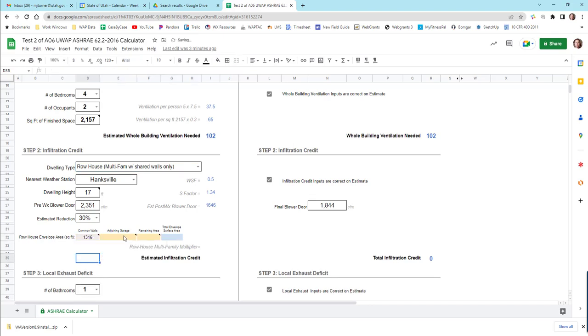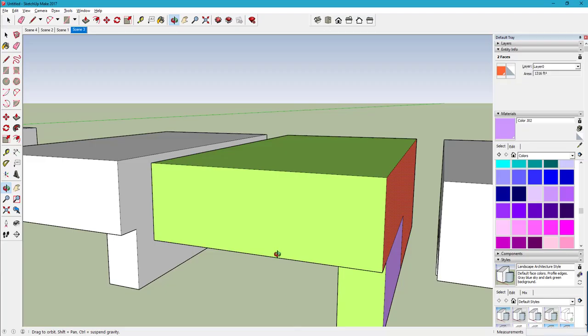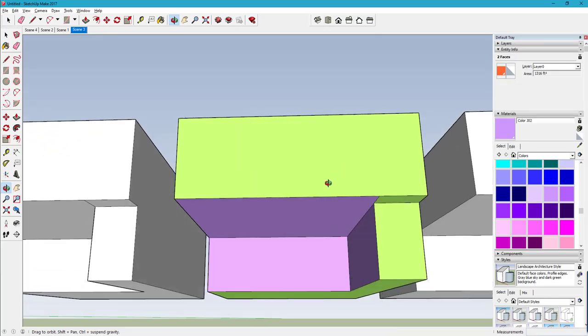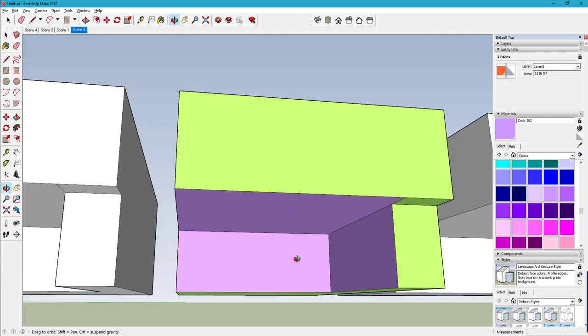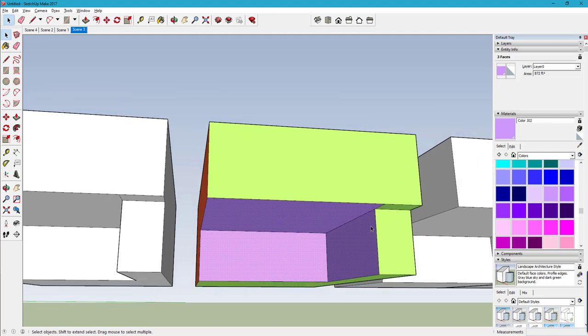Now for the adjoining garage, I've colored all those walls purple here, and it's not just walls, sorry, it's also any floors or ceilings. Usually in a garage it's going to be that ceiling above, or if you were up here you'd call it a floor. But we need to know what the total surface area is of this wall, that ceiling, and then also this is an attached garage.